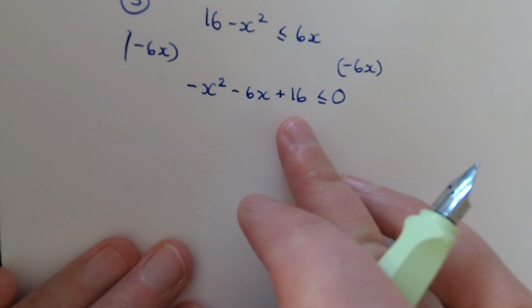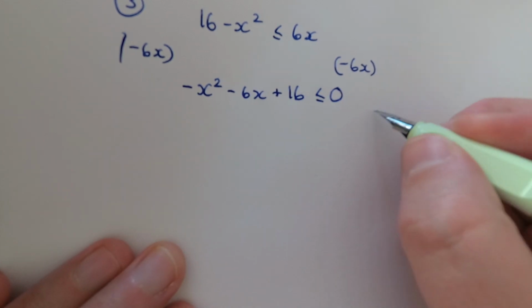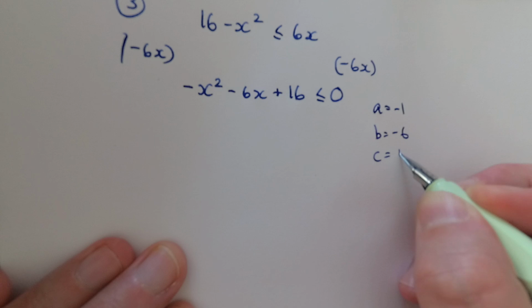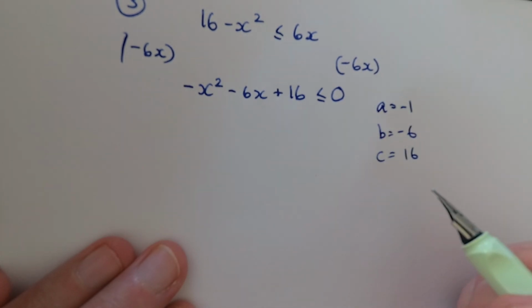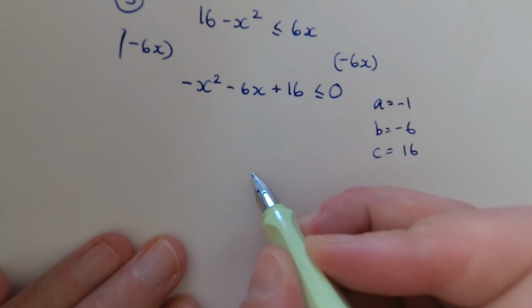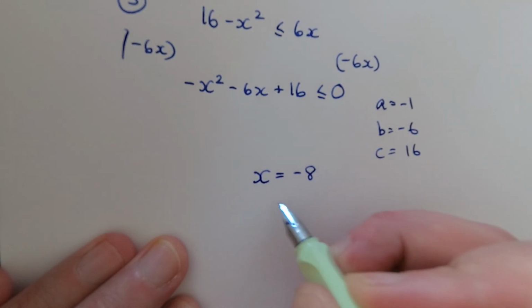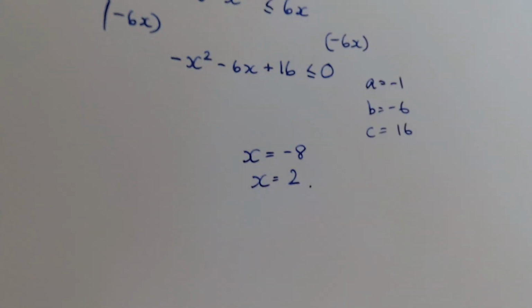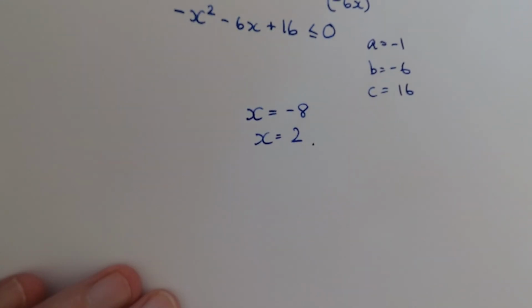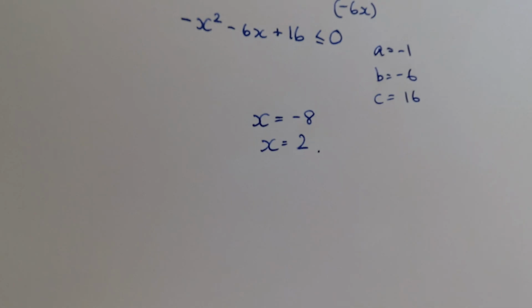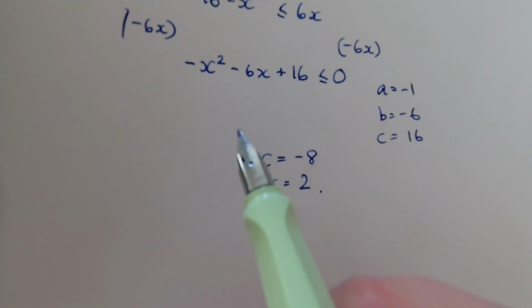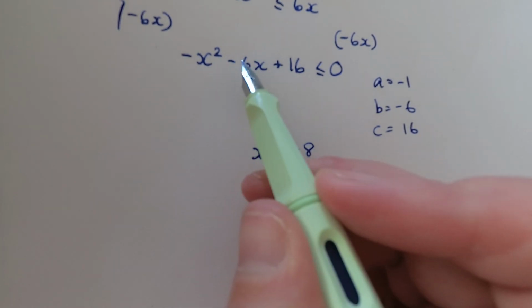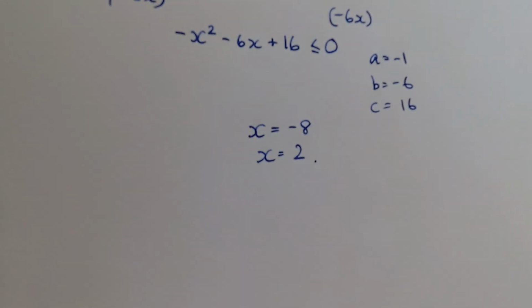Okay, if you use the formula on this with a is minus 1, b is minus 6 and c is positive 16, then the solutions will come out really easily, and you get the solutions of x equals minus 8 and x equals 2. I'm not going to waste time doing that for you because I know you can all use the quadratic formula. So these are our solutions to this equation. Now we just need to sketch it to work out what region this equation satisfies being less than or equal to 0.